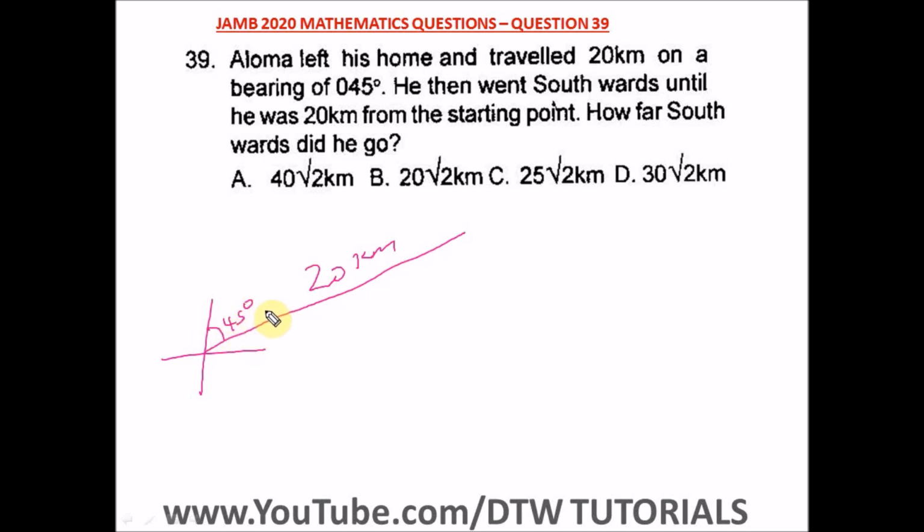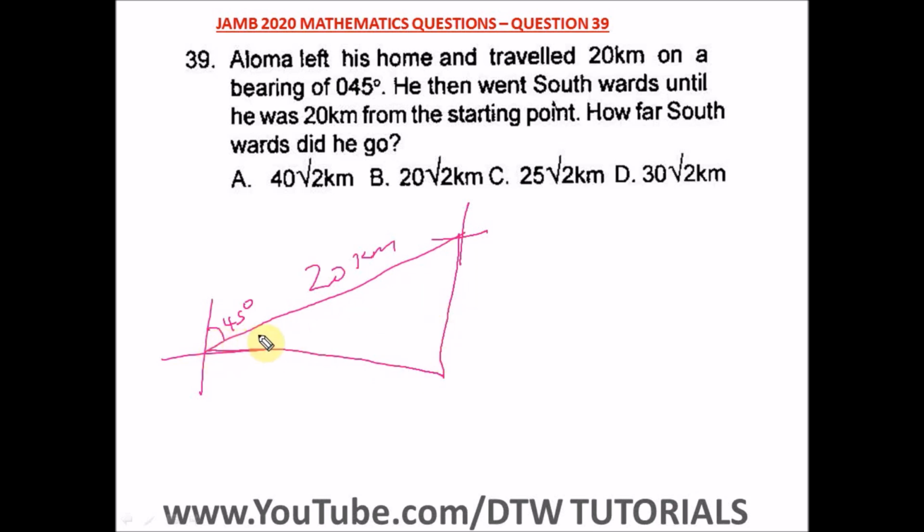So he got to a point, and from that point he then went southward. So he got to this point and came southward until he was 20 kilometers from the starting point. So let's assume these are 20 kilometers from the starting point.